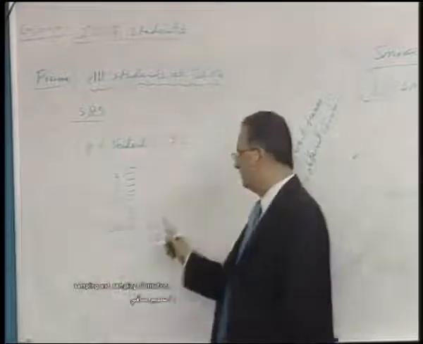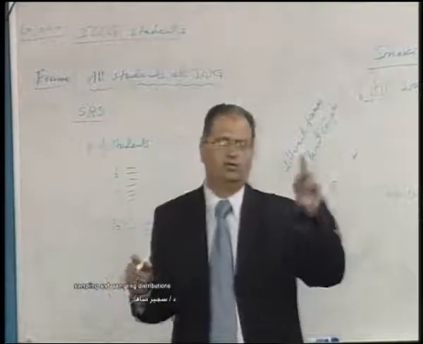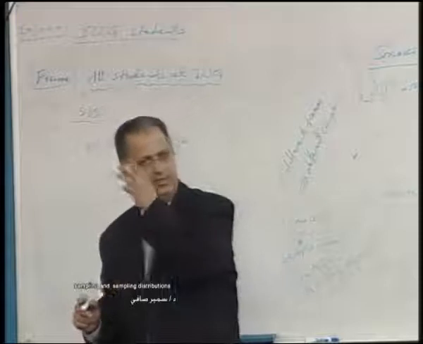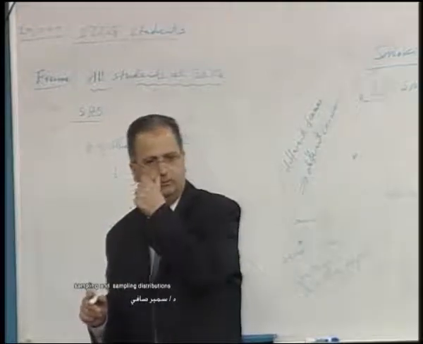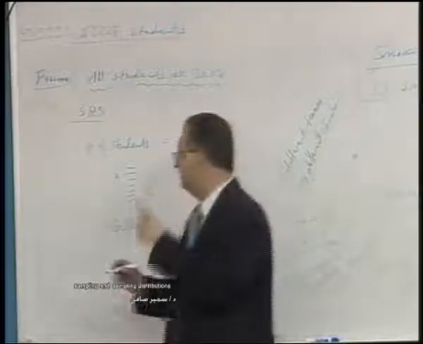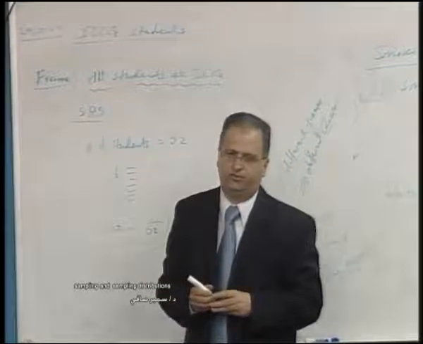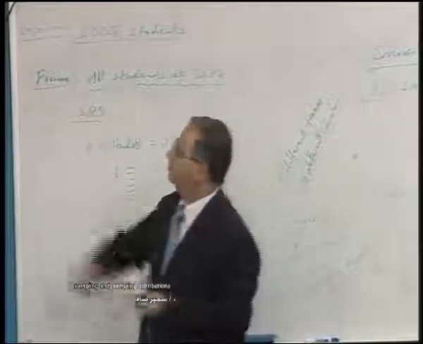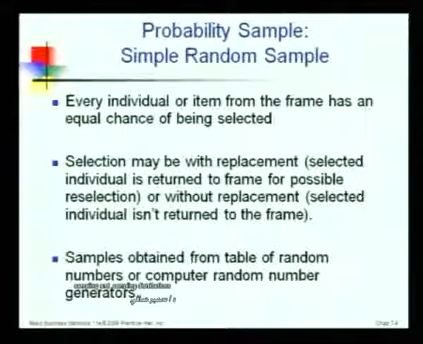If I want to select, for example, 10 out of you, each one has a probability of 1 out of 52. So that's the meaning of each item from the frame having an equal chance of being selected.